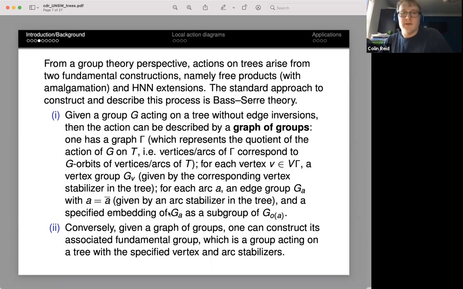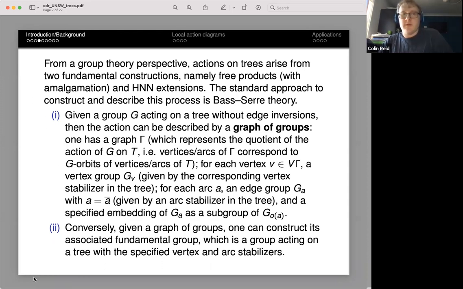And conversely, given a graph of groups, you can construct a group acting on a tree that has that graph of groups, which is called the fundamental group of the graph of groups. This has a certain presentation, which I don't want to spell out, but there's a standard construction you do starting from a graph of groups to produce a group acting on a tree.